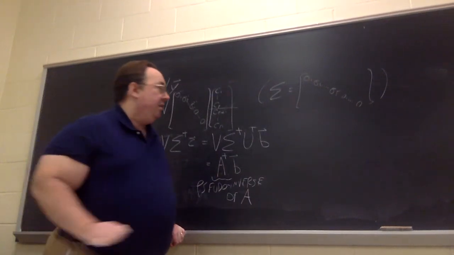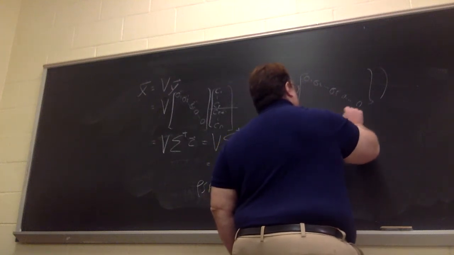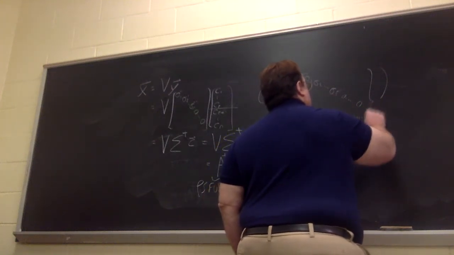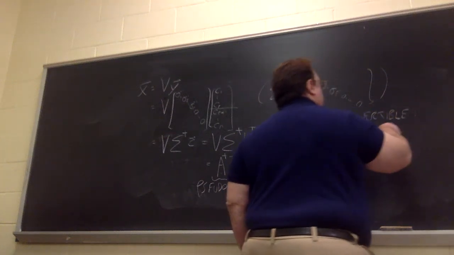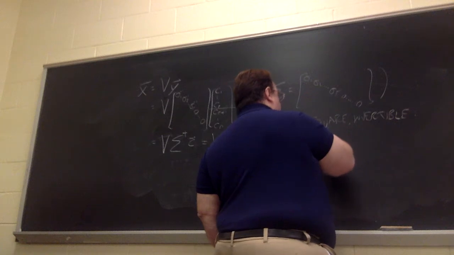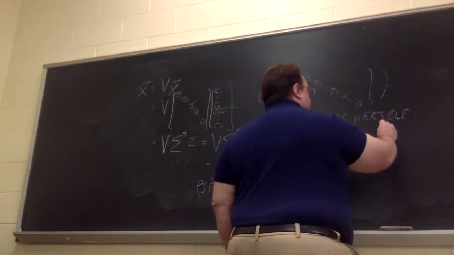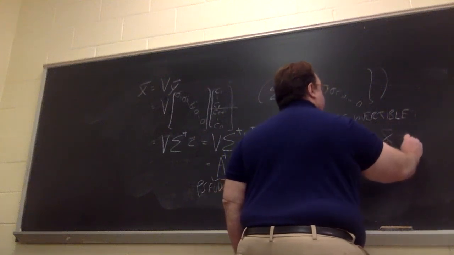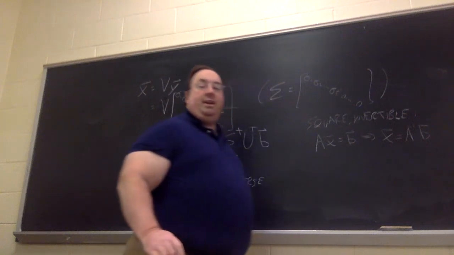So to compare, in the square invertible case, you have a problem, Ax equals b. There's a unique solution: x is equal to A inverse b.